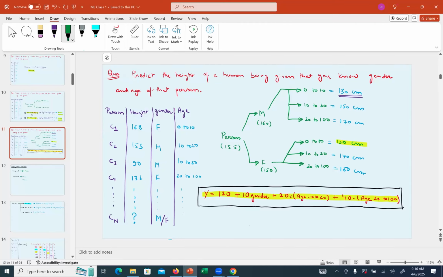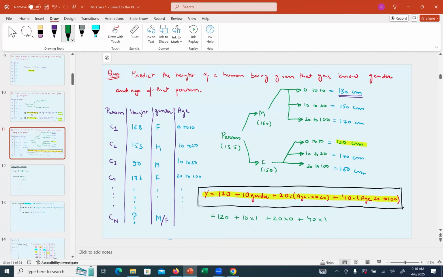Let's say he's a male and he's 22 years old. So what I will do is 120 plus 10 times gender, 10 into 1 because he's a male, plus 20 times 0, because he is not from 10 to 20, plus 40 times 1. Why 1? Because he is from 20 to 100.